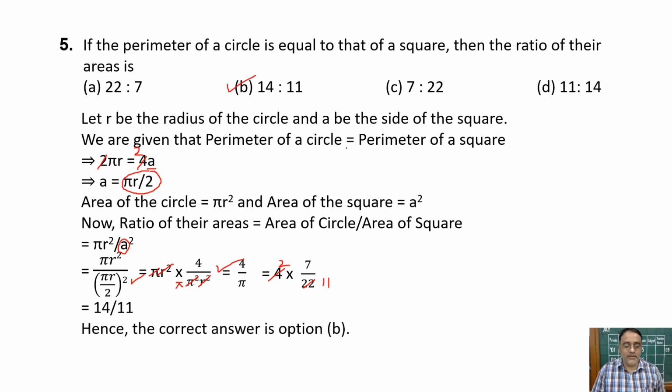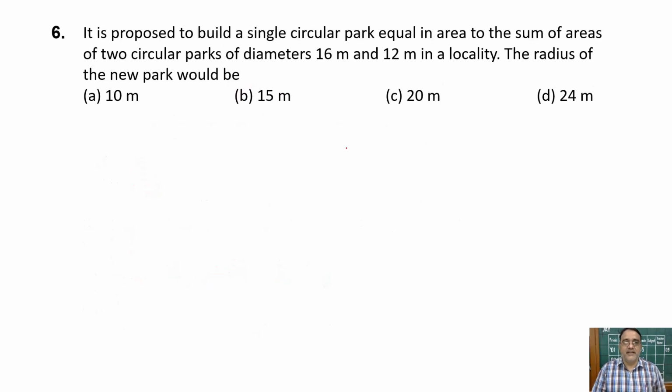Okay, so now we are moving toward question number 6. It is proposed to build a single circular park equal in area to the sum of the areas of two circular parks of diameter 16 meter and 12 meter in a locality. The radius of the new park would be. So इसको हम लोग इसका रेडियस निकालेंगे 8 मीटर और इसका रेडियस हो जाएगा 6 मीटर, राइट.